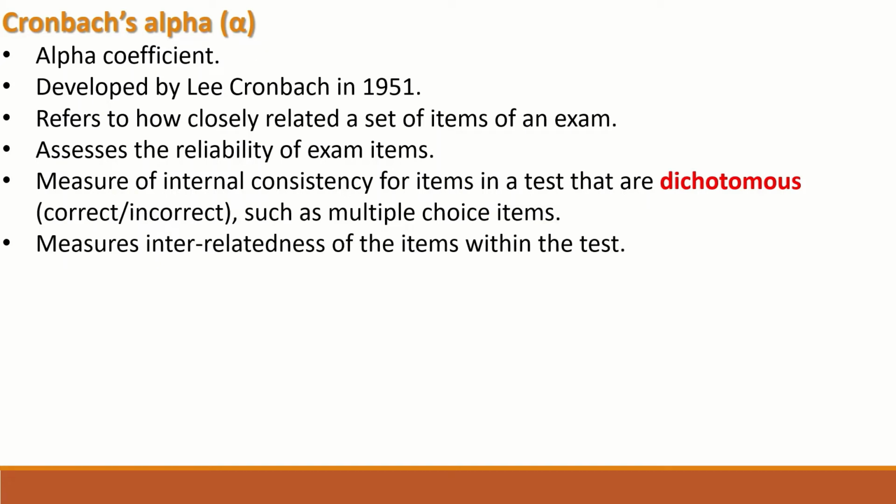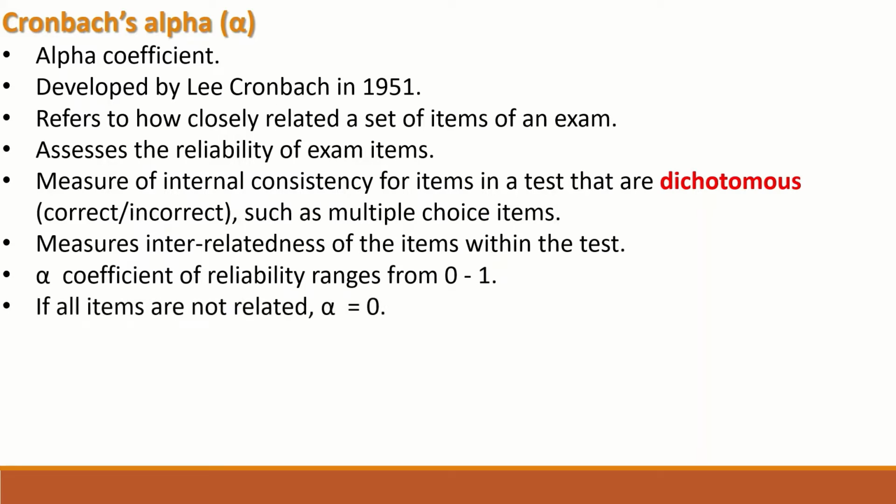Alpha measures the interrelatedness of the items within the test, and the alpha coefficient of reliability ranges from 0 to 1. If the items are not related, then alpha will be equal to 0, and if all of the items co-vary, i.e. are related, then alpha is close to 1.